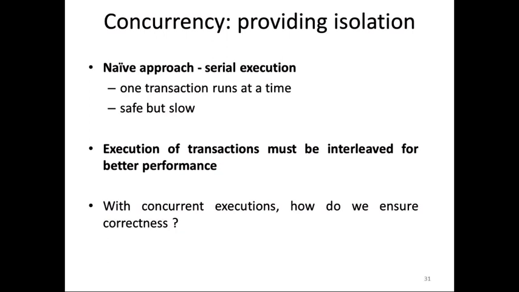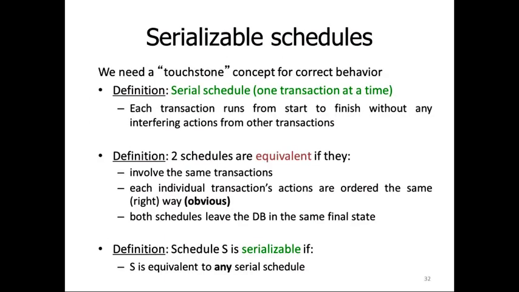And now, of course, the question that remains to be clarified is, even if we interleave in time operations of various transactions, how do we ensure correctness? How do we ensure that nothing bad happens? How do we ensure that there are no race conditions, no final effects of executions that are only due to the fact that we executed transactions concurrently?